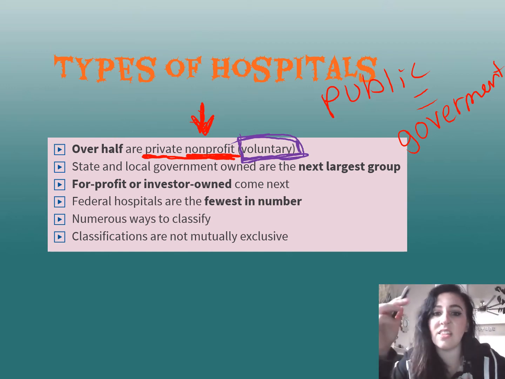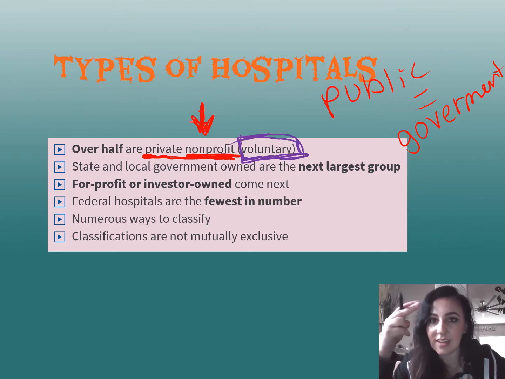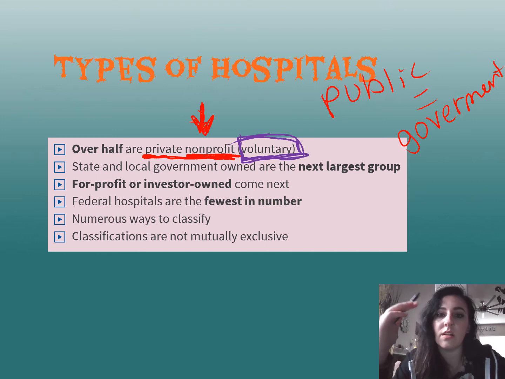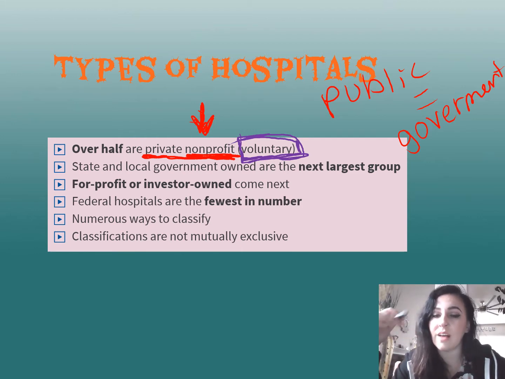Then we have state and local government-owned hospitals, or public, right? Those are the second largest group of hospitals in the United States. Then we have for-profit, investor-owned hospitals, and that's third highest in the United States.